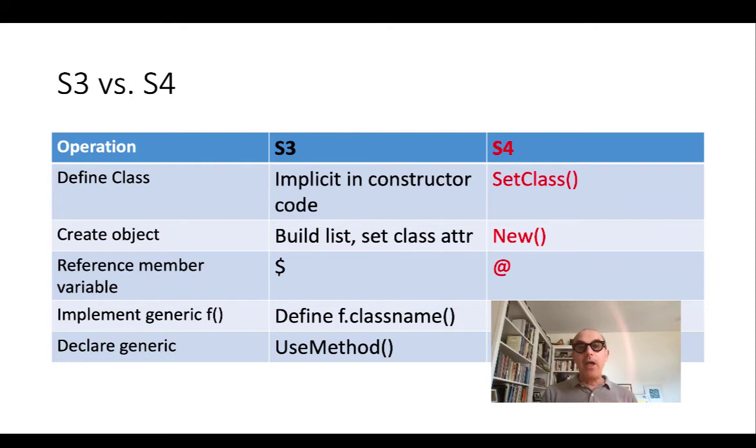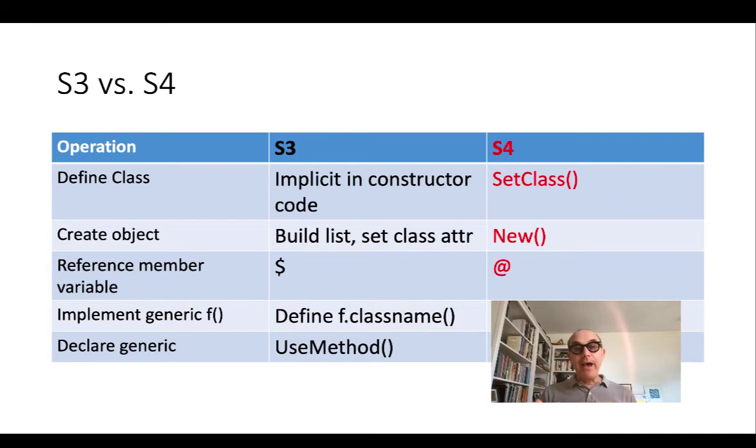The reference to a member variable in S3 is the $ sign. In S4 it is the @, which you're going to see in a lot of packages, how they play around with S3 versus S4.